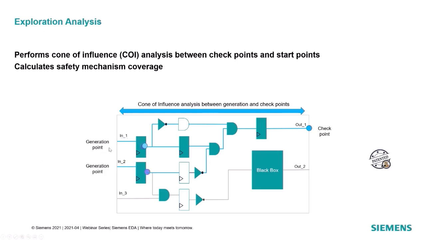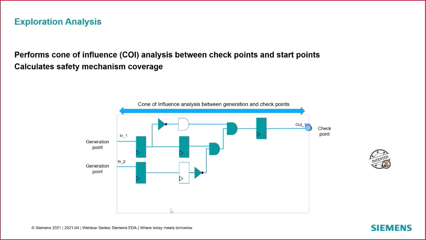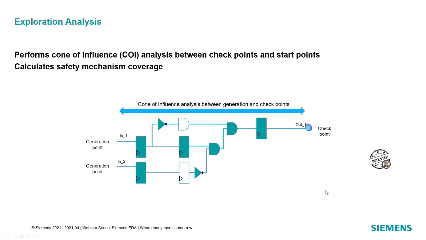We will trace the path between these two inputs and this checkpoint. Anything which comes into this path will get tagged in the cone of influence, and anything else which is not in this path will be dropped from the analysis. So if you have a very important data path or some data flow, we can really follow the data from the beginning to the end. It gives you very quick information, and we can analyze the entire system altogether.